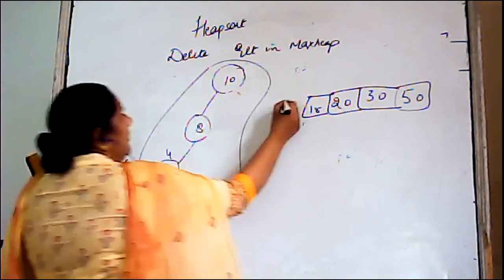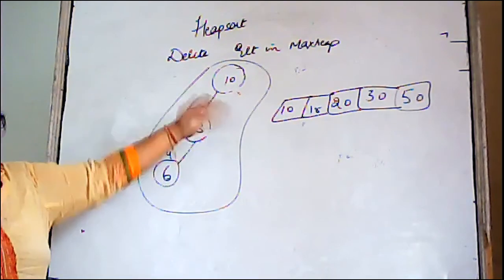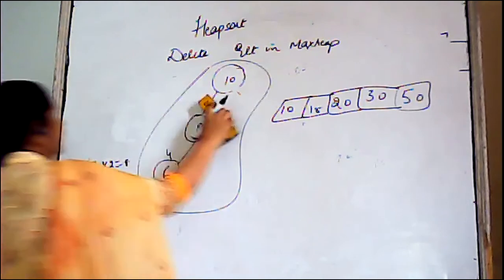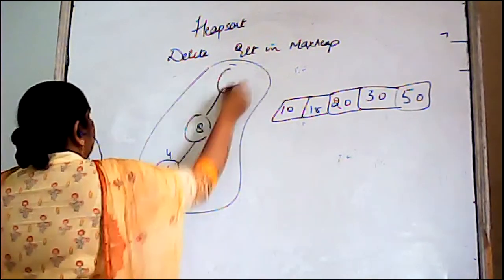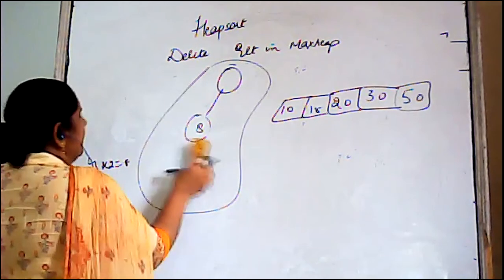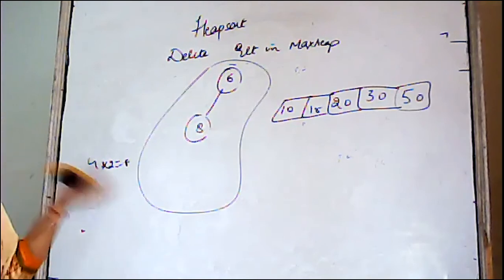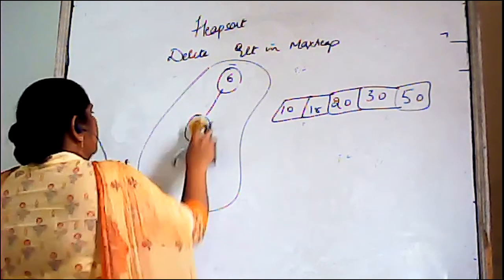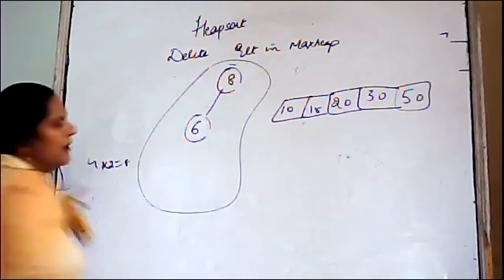Now 10 will go out. If you see, it is the fifth largest number. 10 will go out and 6 will replace 10. Now it is not satisfying the max heap property, so 8 will go up and 6 will come down.